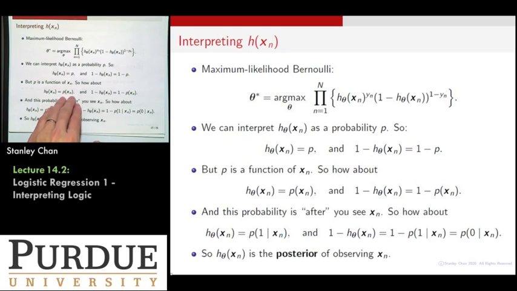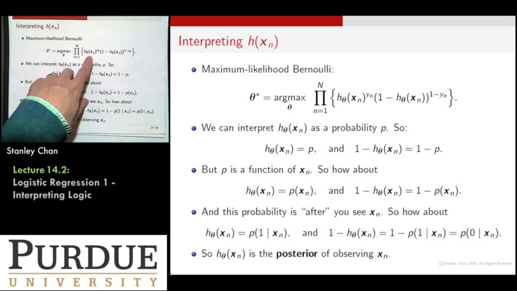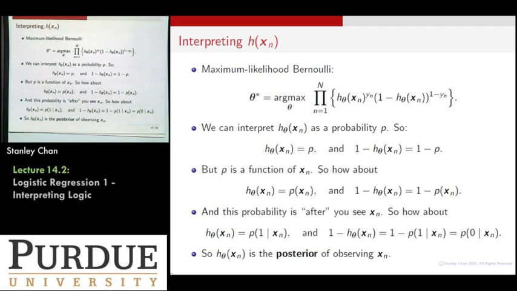But if you look at this function again, this probability of xn is really after you have seen xn, right? So it's after you have seen xn, what is the probability of getting class 1 or class 2? And so one way to interpret this h, if you want to use the probability perspective to look at this problem, is to consider your h as this posterior probability.